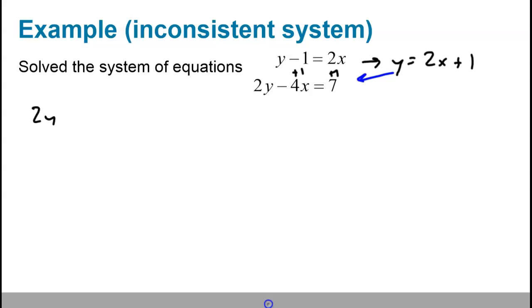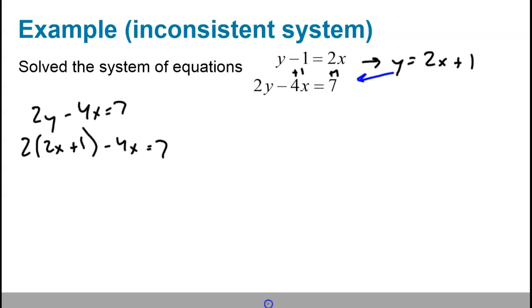So we'll use this equation, 2y minus 4x equals 7. Substituting in y, we'll go 2 times 2x plus 1, minus 4x.